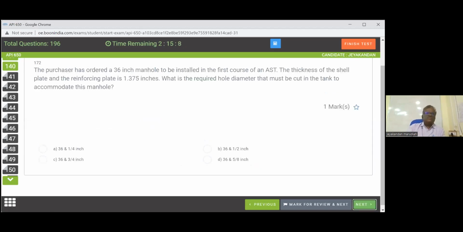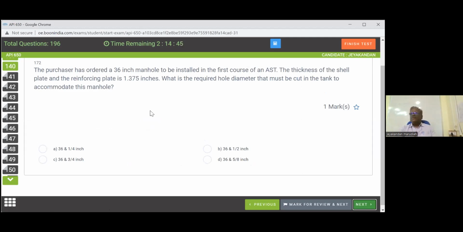Okay. Next one. The required bolt diameter is 1.375. So the manhole size is 36 inch. What should be the hole diameter?